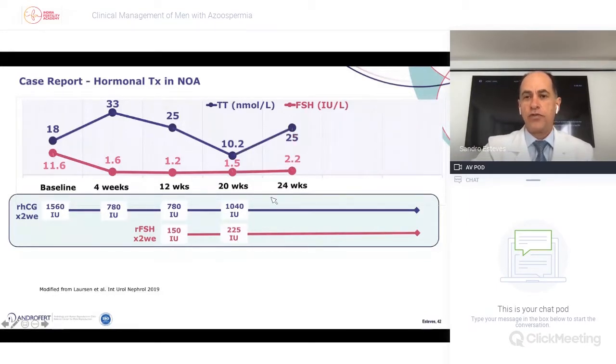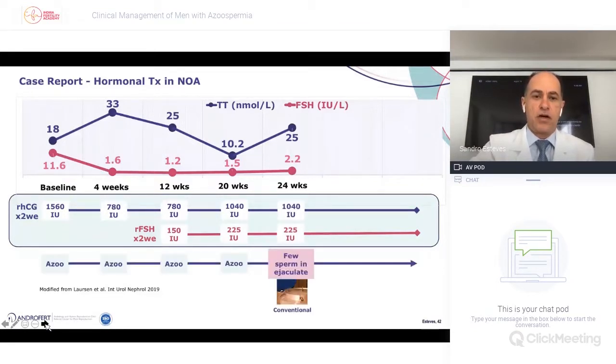Then we checked again, and now it was beautiful. Testosterone was 25, FSH was 2.2, and then we looked at the semen analysis, which we had been checking also. It was azoospermic, and surprisingly, after 24 weeks of treatment, the patient started to have sperm in the ejaculate.